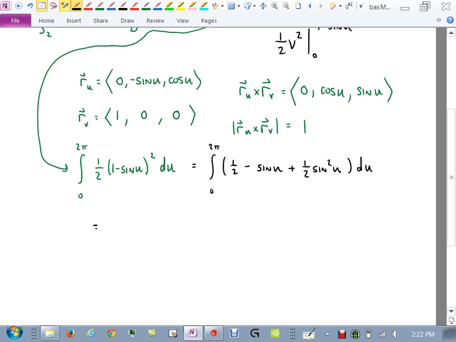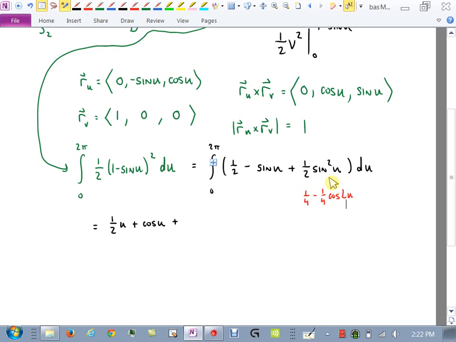Let's do some antiderivatives here. I get 1/2 u, plus cosine u, plus 1/4 minus 1/4 cosine 2u. Before I integrate it, what did I do here? Power reduce formula and distribute the 1/2 through, right?